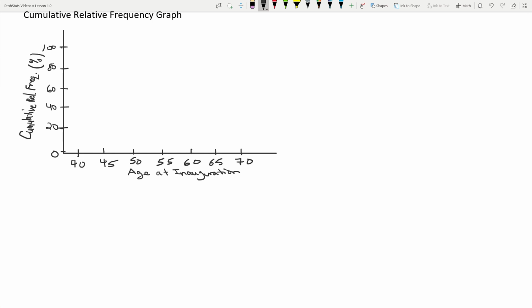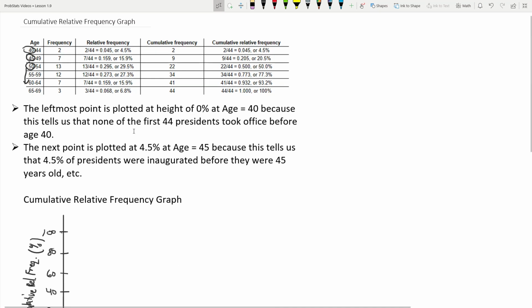All right, so for 40, as we said, there were no presidents that were inaugurated before the age of 40, right? So this means that the cumulative frequency here is 0. Okay, so we're plotting that at the 0 mark. Now for the 45, if you go to the second interval, the cumulative frequency, the ones that were before that, is 4.5%.